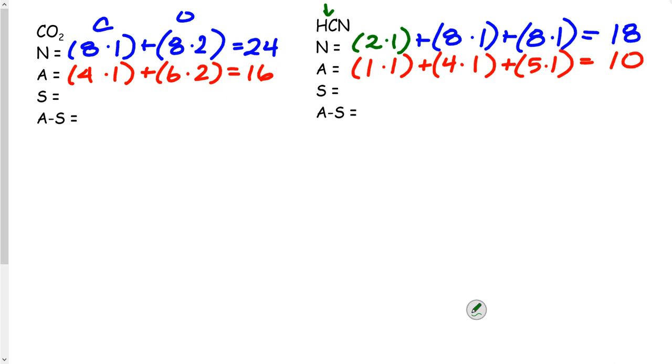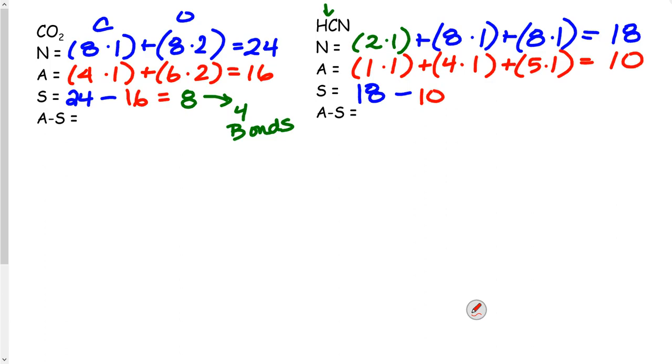With carbon dioxide, 24 was our N. We subtract our 16 for our A. 24 minus 16 is 8, which means we have 4 bonds. And finally, our last one, 18 for N minus 10 for our A is 8 electrons, which again translates into 4 bonds.